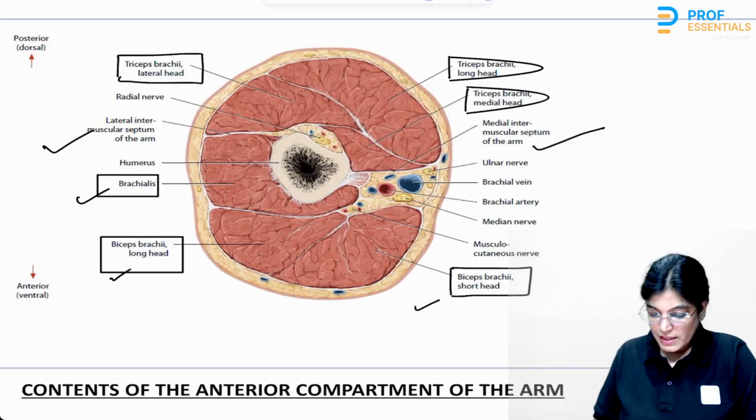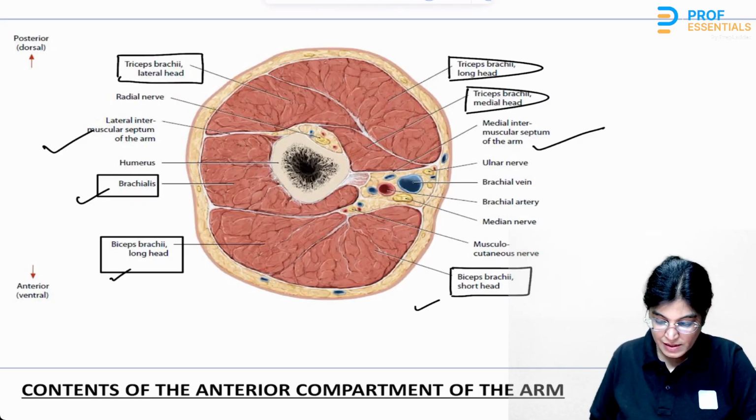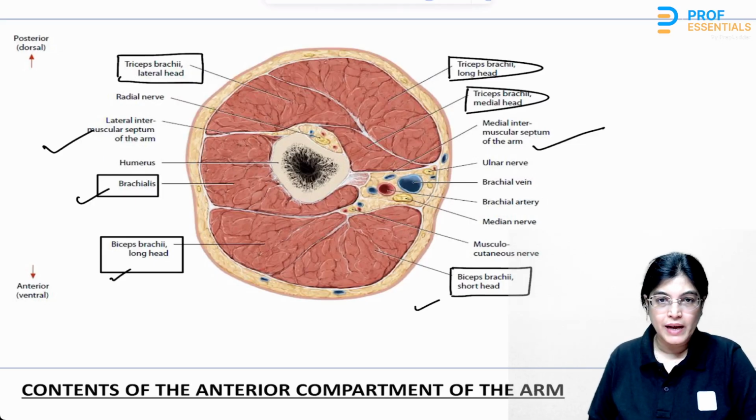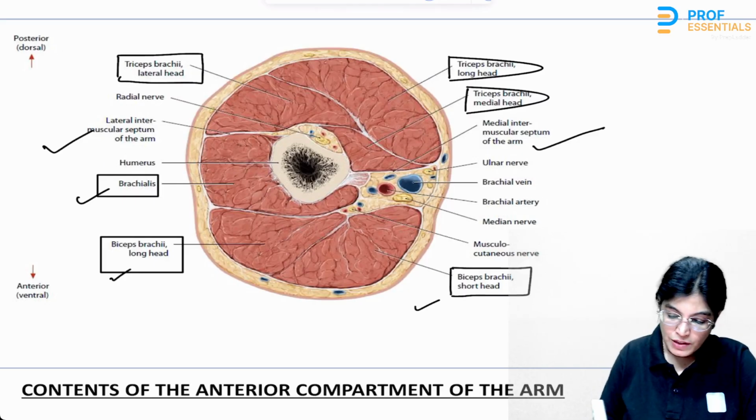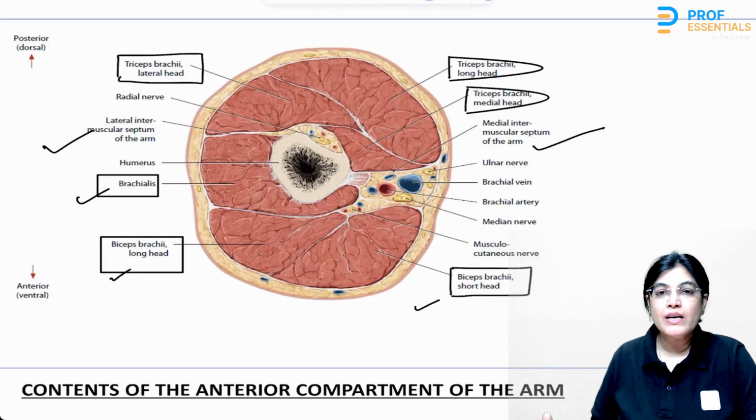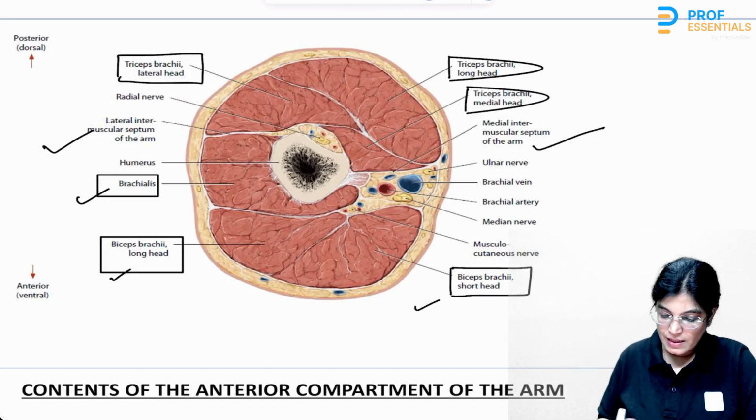Along with the posterior aspect, we can see the three heads of triceps muscle and other important structures.